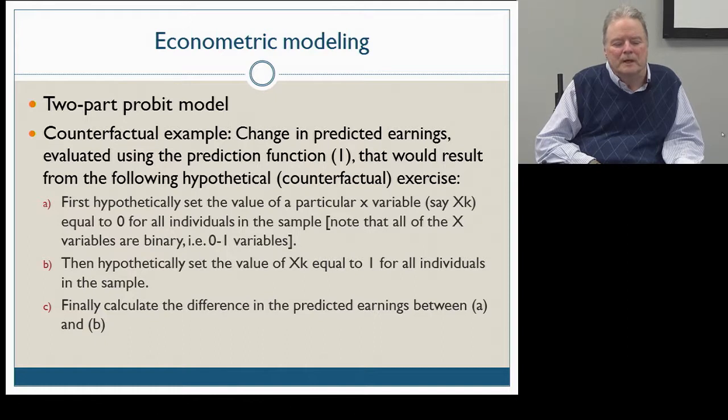So basically what we do is identify the probability of employment, and this is done through a probit model. We do the probit model, then we look at the probability of employment.